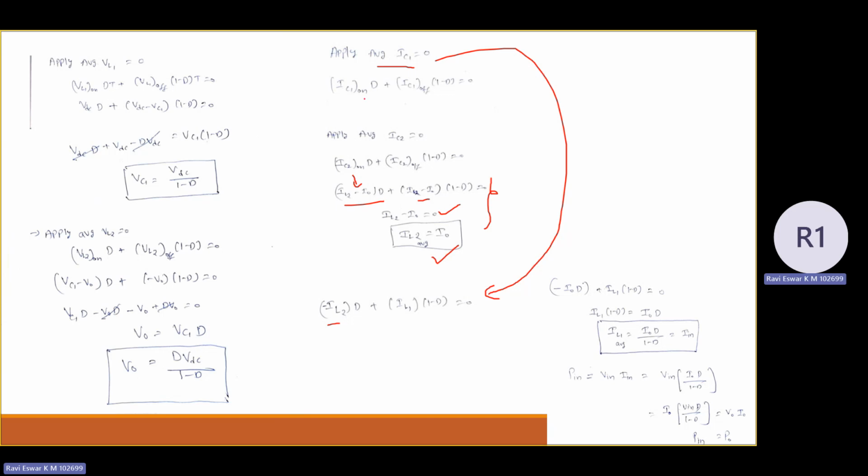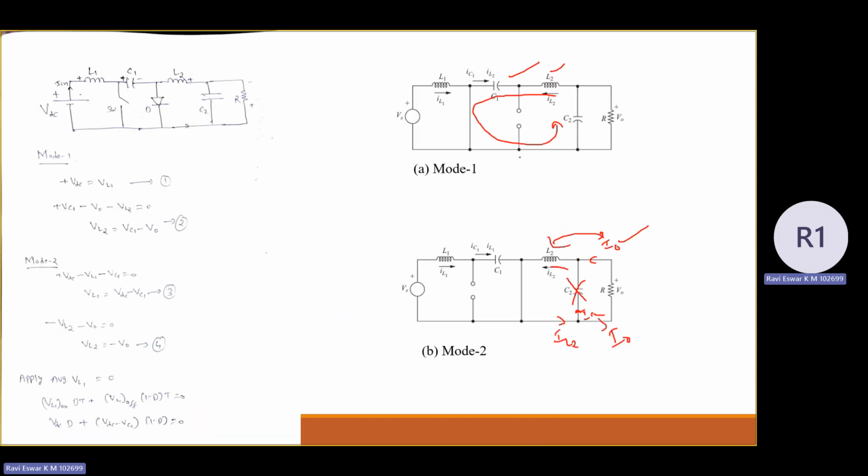So IC1 during on state, I can write it as minus IL2 into T on, that is D, plus what is the IC1 off, that is in mode 2 case. The IC1 off, I can write it as IL1 during mode 2 case, when the switch is turned off, the inductor current L1 and the capacitor current C1 both are same.